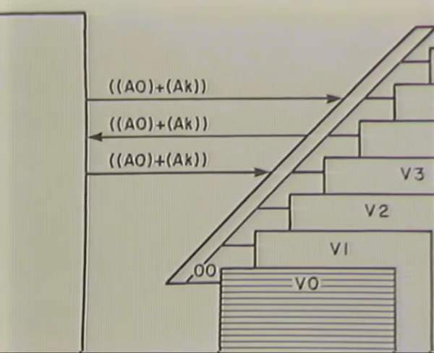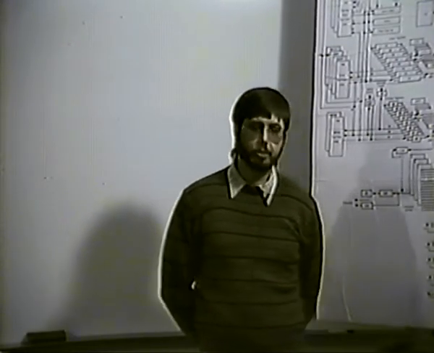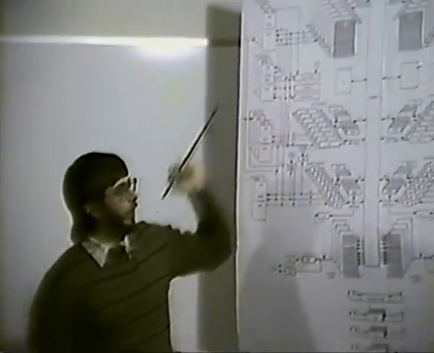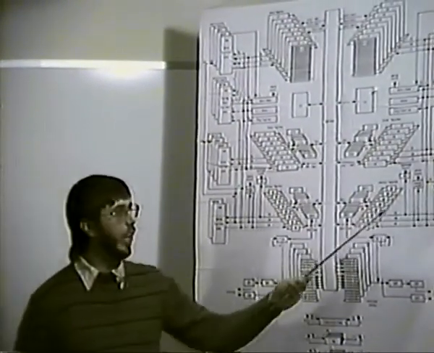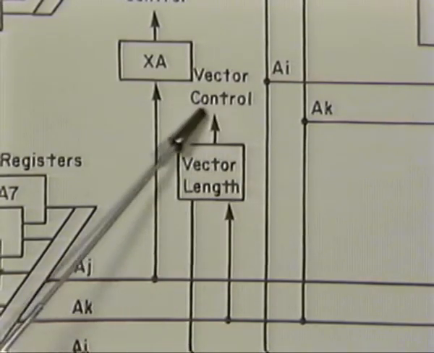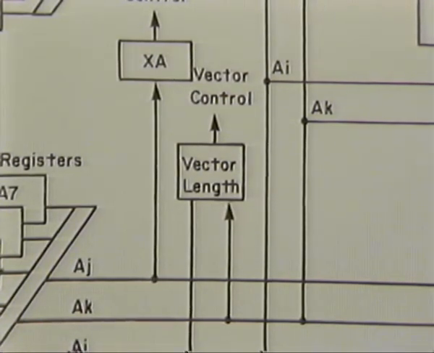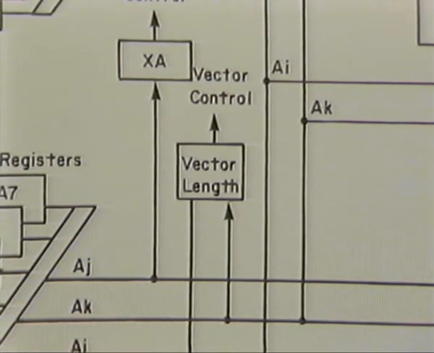Now, unlike the B or T registers, on the vector registers, whenever you do the block load, you must start at element 0. You always have to start at element 0 of a vector register. But you don't have to fill the whole thing. We have something called a vector length register here. And this vector length register controls how many elements you're going to operate on every time you do a vector operation.